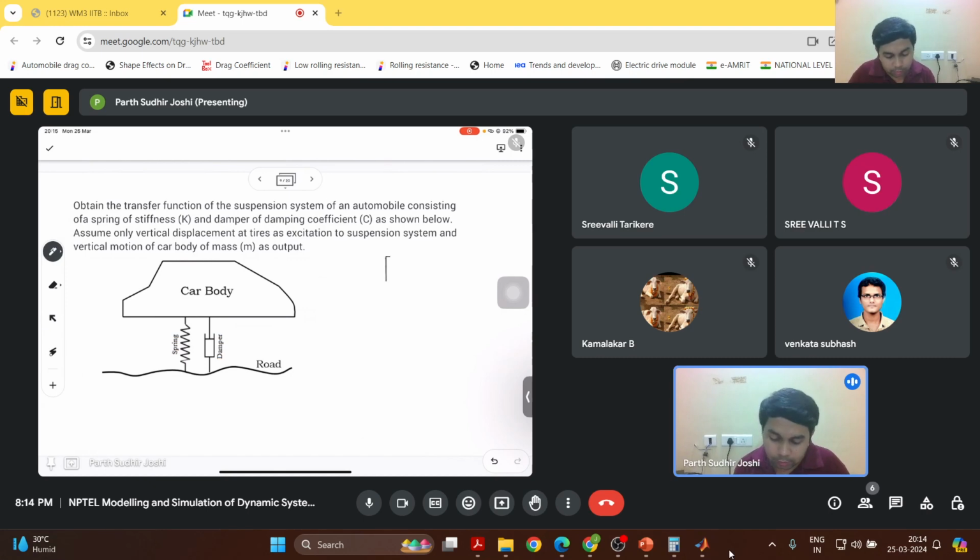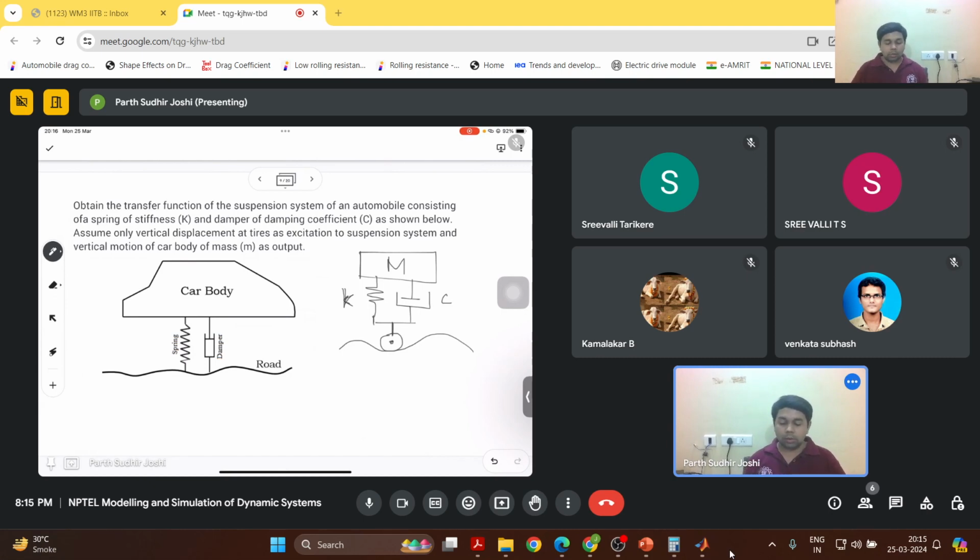What it basically means is, let us say we model the entire car body as a single lumped mass, and we represent the suspension of all the four tires together as a spring and damper.